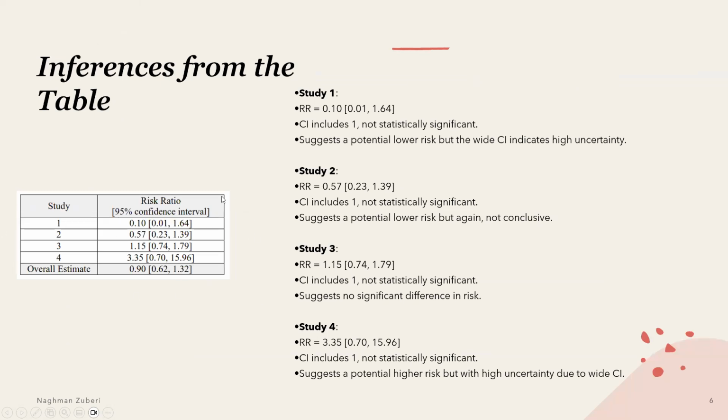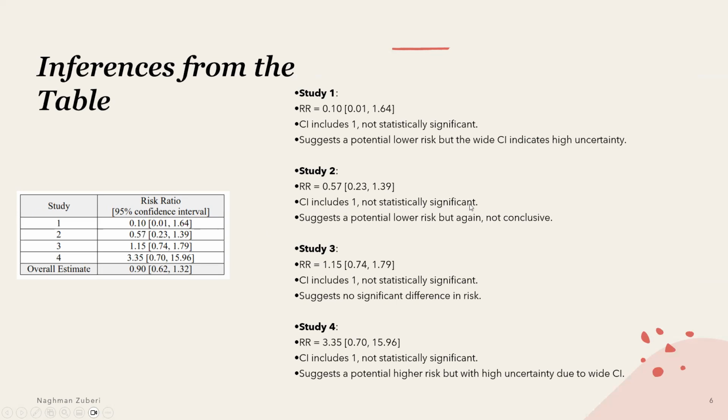So again, this same chart. Study 1, we have discussed it. The CI includes 1, if we look at it. Not statistically significant. It suggests a potential lower risk, but the wide CI indicates high uncertainty. Then study 2, again, the CI includes 1.